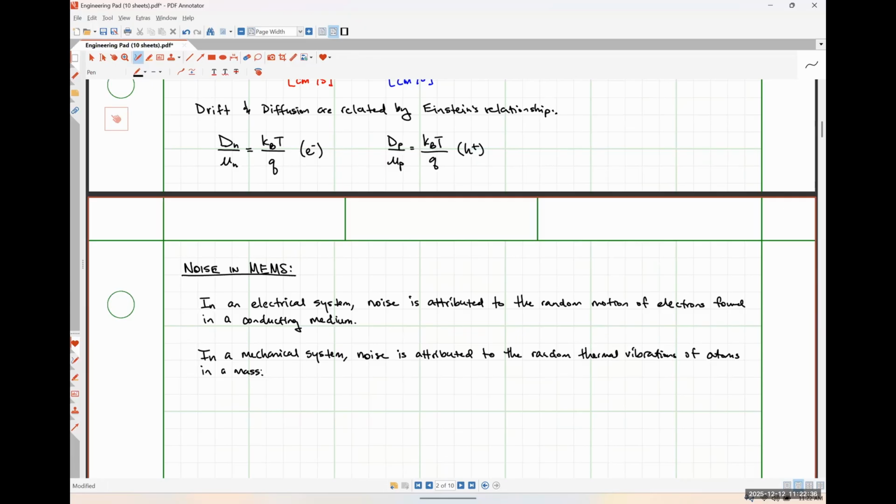So what we can see from both of these definitions is that noise is a random process, okay?